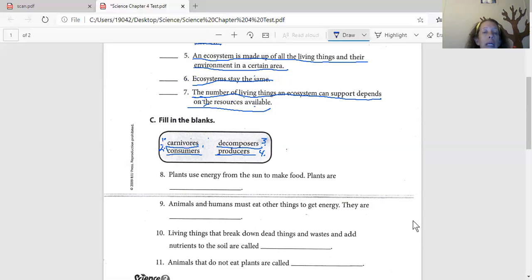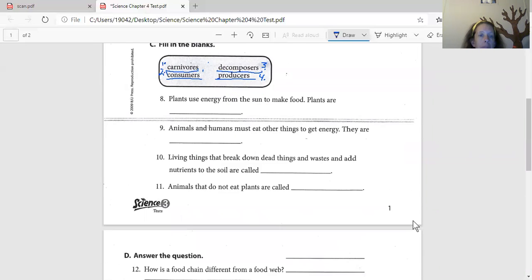Number 8, plants use energy from the sun to make food. Plants are carnivores, consumers, decomposers, or producers. Put the number answer right in there. I am finished with number 9. Yes. You mean number 8? Number 8, yes, ma'am, sorry.